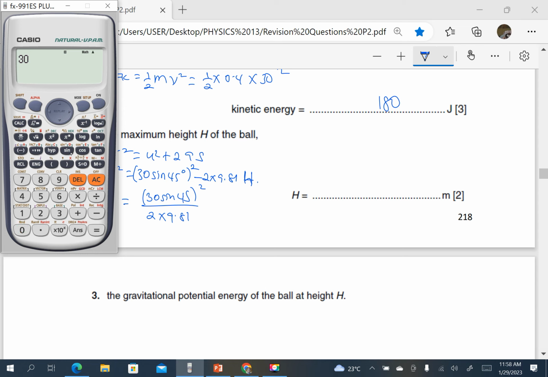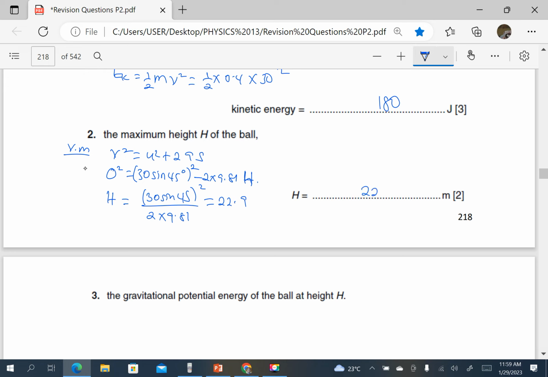Thirty sine 45 squared, divided by open brackets 2 times 9.81. Okay, I hope that is true. So that is 22.9.